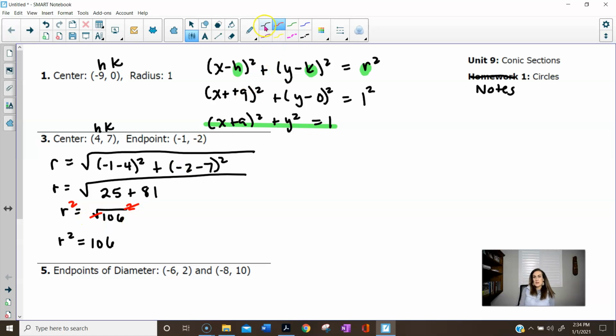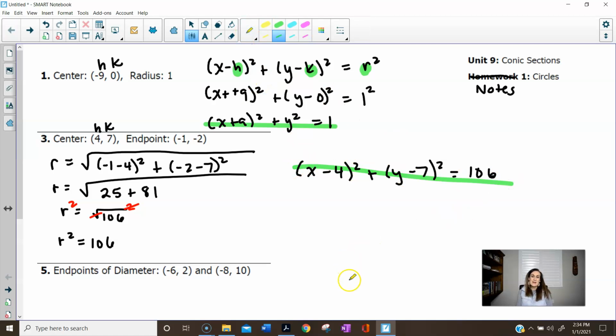So now I'm ready to write my equation, which is (x subtract h) squared. So (x subtract 4) squared plus (y subtract 7) squared is equal to 106. And I'll highlight that.